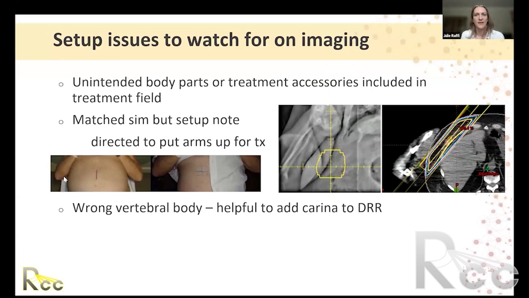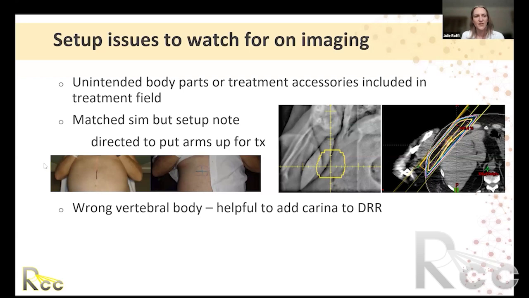So here are some setup issues to look for on imaging. Unattended body parts or treatment accessories might be included in your treatment field. Here's an example where it was noted on the patient's imaging that their arm was in the field. It turned out that the arm was actually there for simulation.